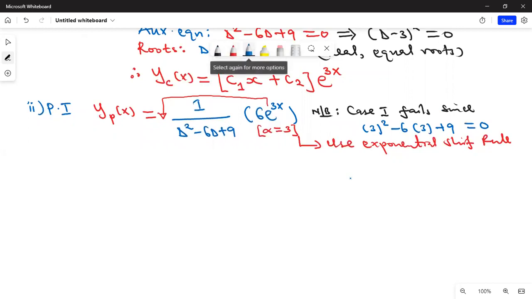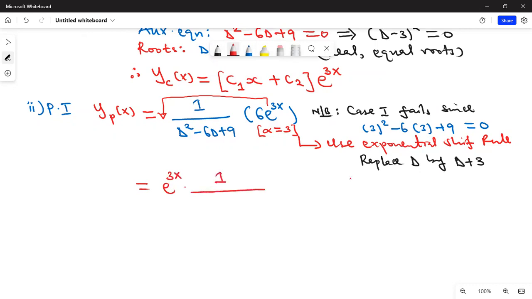So I can write here, replace d by d plus 3. So this will now be equal to exponential 3x times 1 over d plus 3 squared minus 6 into d plus 3 plus 9. Now we remain with 6.